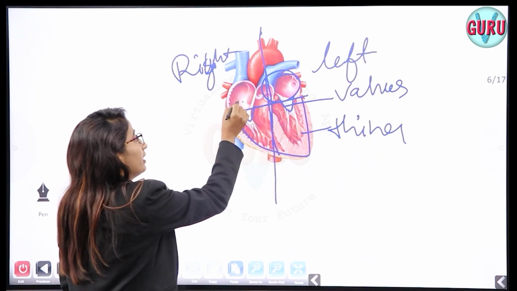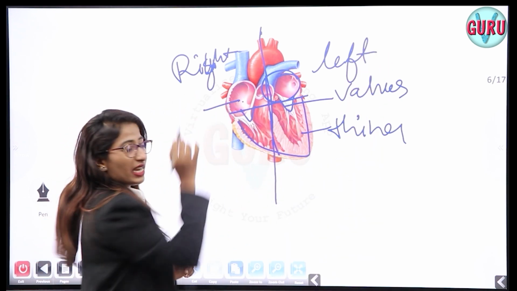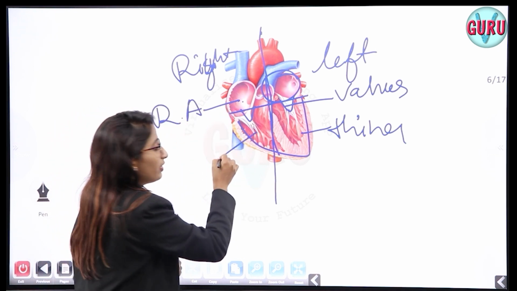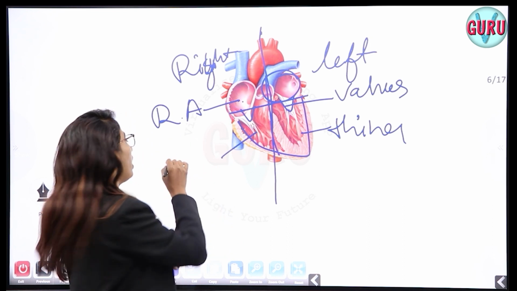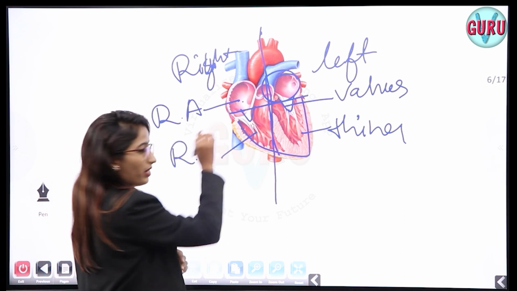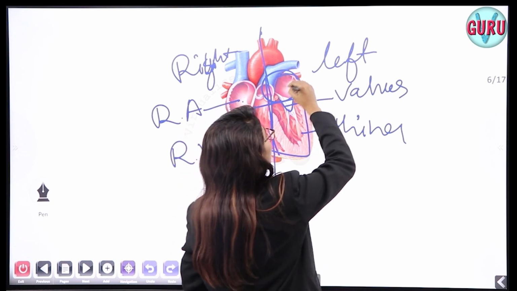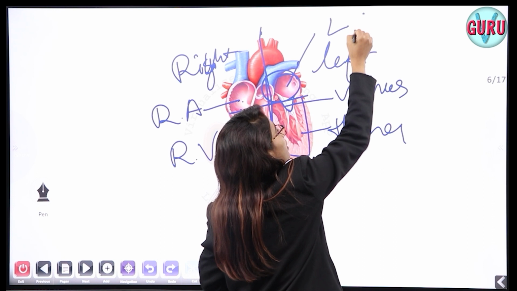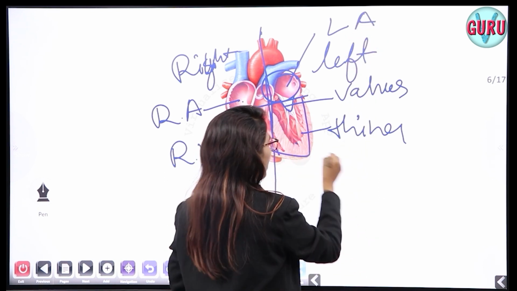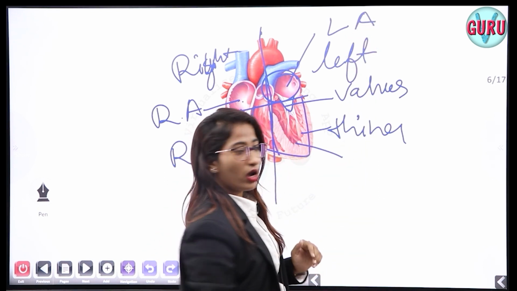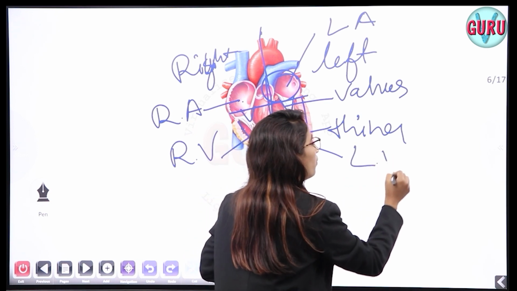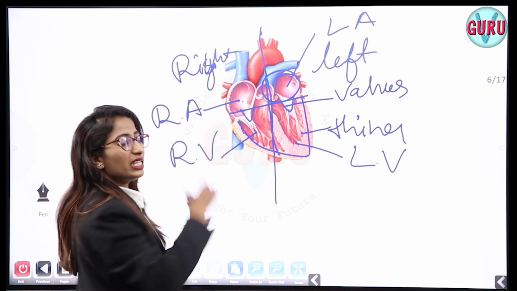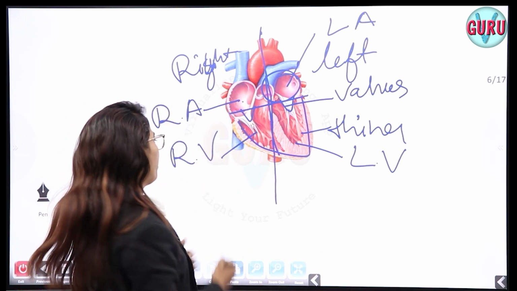So the auricle on the right side is called the right atrium and the ventricle on the right side is called the right ventricle, and the auricle on the left side is called the left atrium and the ventricle on the left side is called the left ventricle. Going forward, we will be using this terminology more.